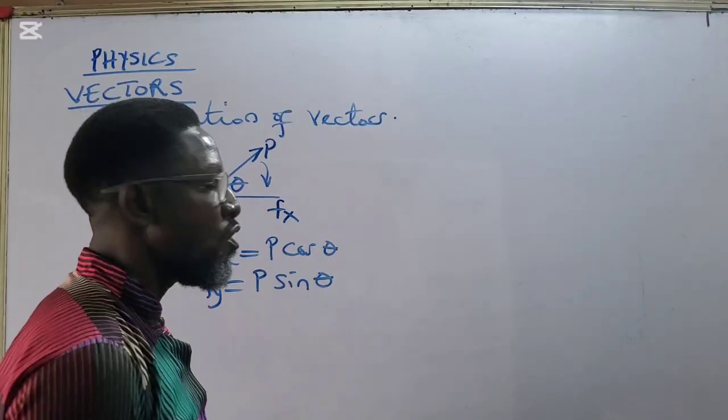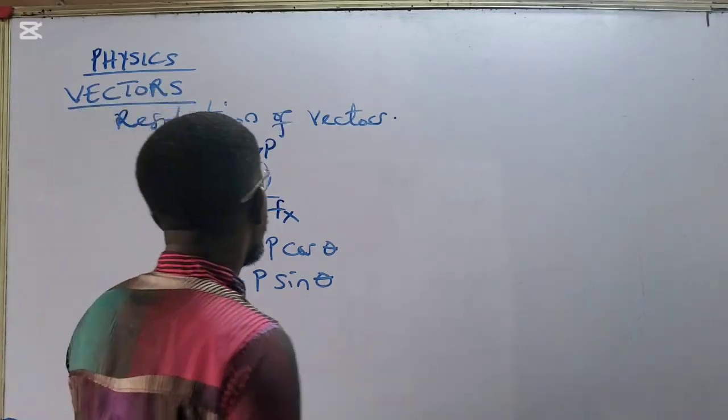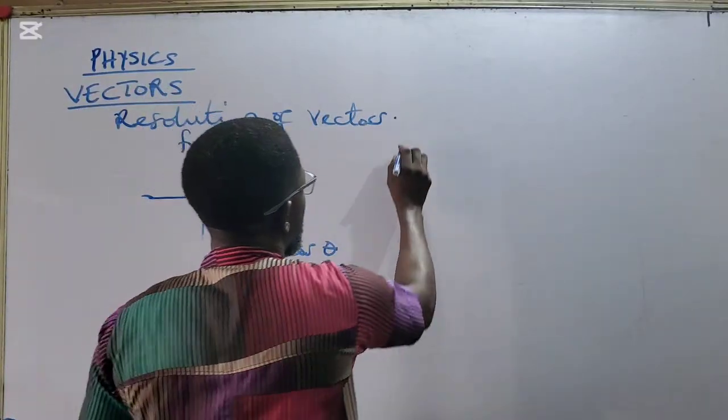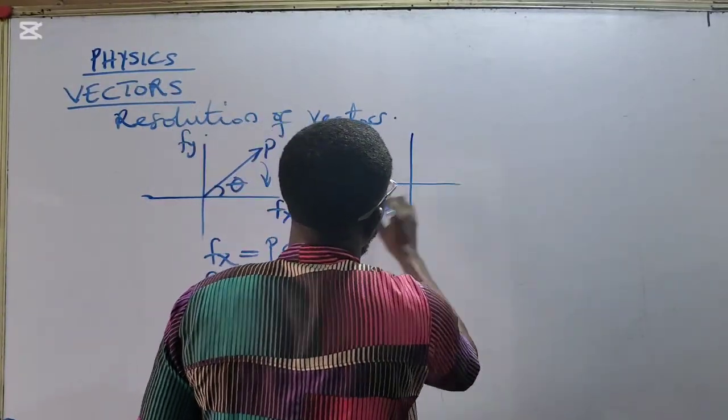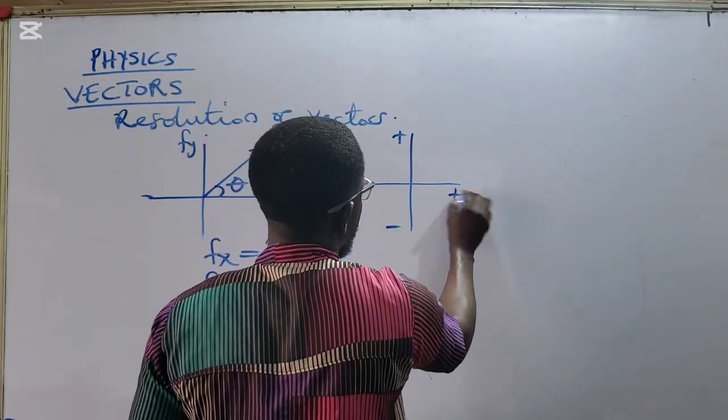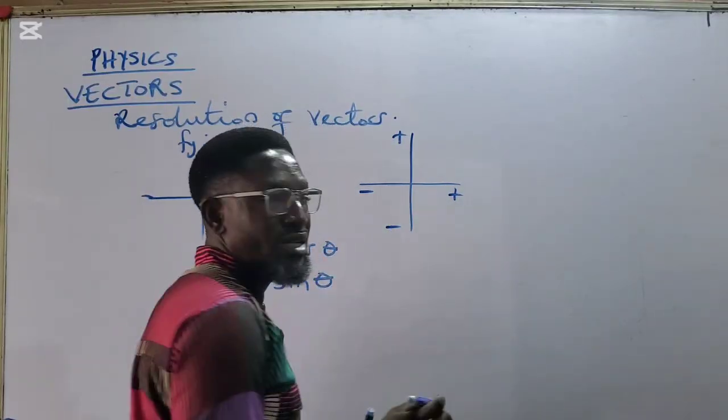It's important to know how to do this, because sometimes you have more than one force to resolve. And then always remember the signs. Normally, in the xy plane, this upper right part is positive, this part is negative, this is positive, and this one is negative.